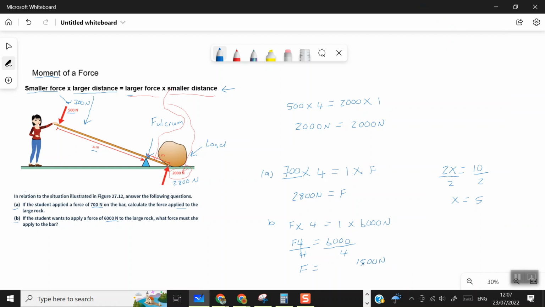So what this tells us is that if we want to get 6,000 newtons down here, that big force, then on this end we have to apply a force of 1,500 newtons.